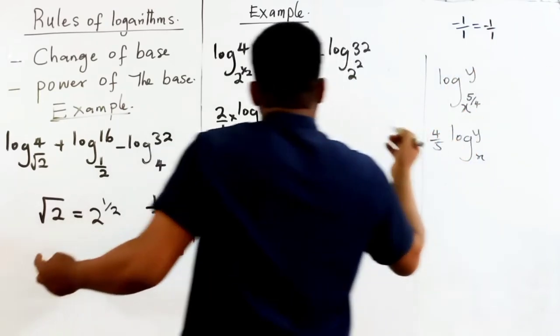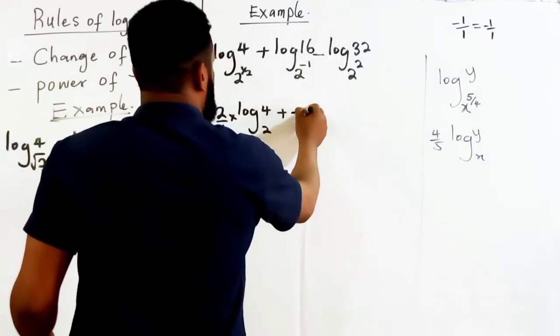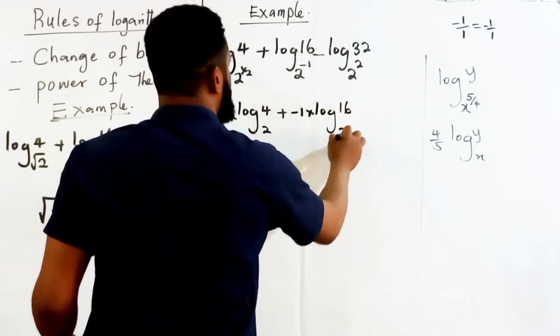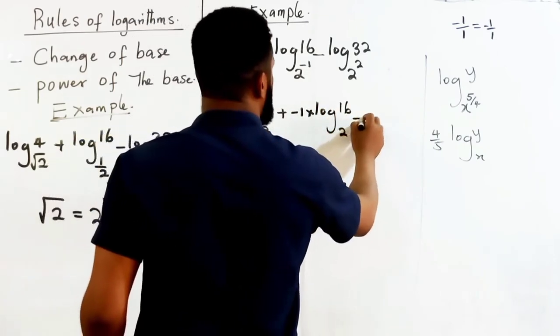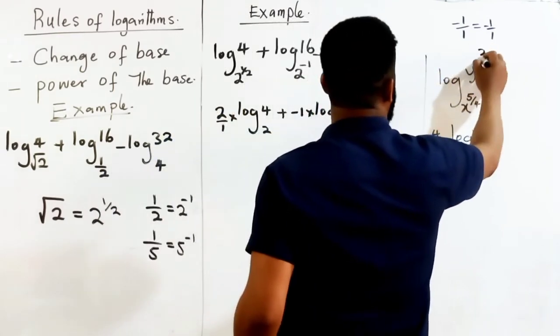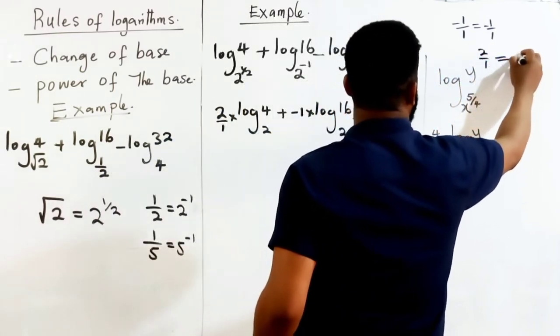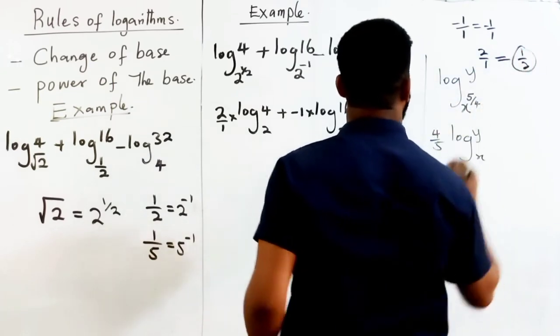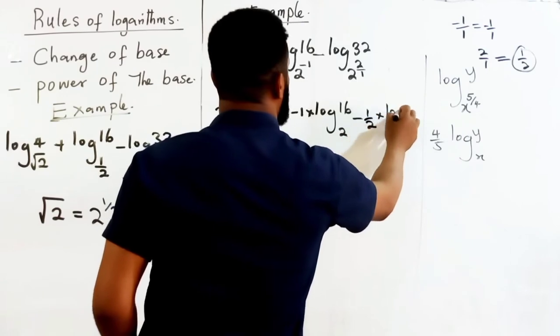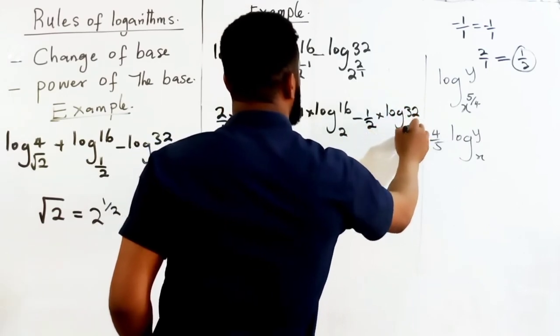That is minus. So this one does not have much problem. Minus 1 times log 16 base 2. Then minus, this is 2. 2 over 1 means the same thing as 1 over 2. So I'm using 1 over 2 to multiply. I'm going to have 1 over 2 times log 32 base 2.